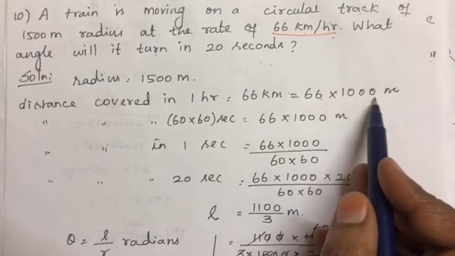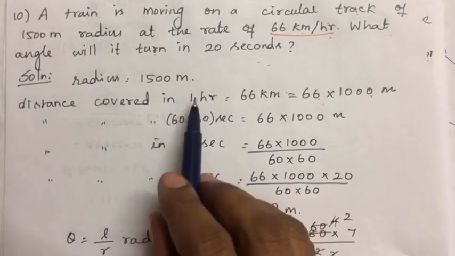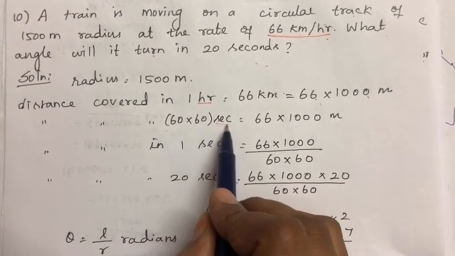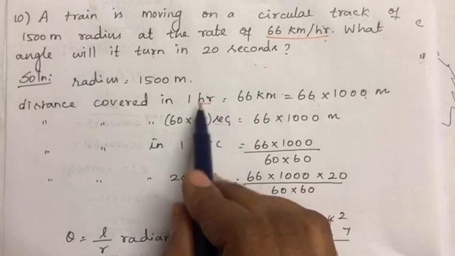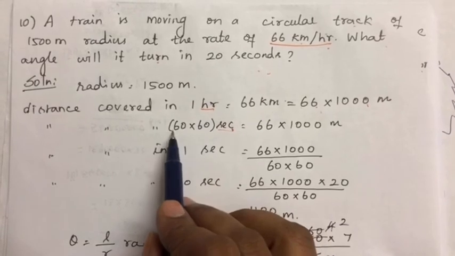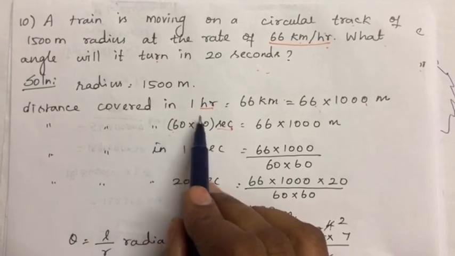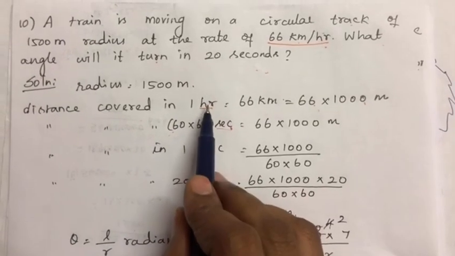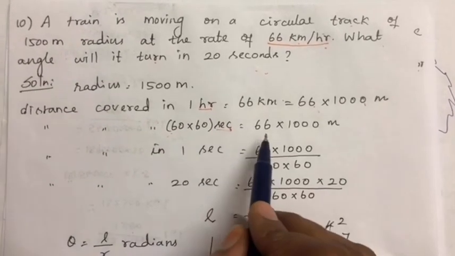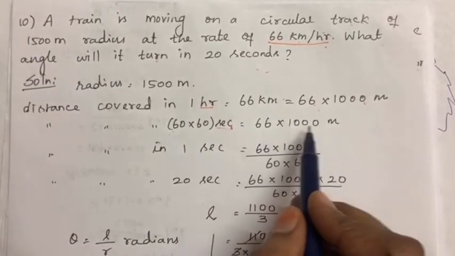Okay, meters converted. So, 1 hour, while writing hour into second, we have to multiply it with 3600, right? 1 hour is equal to 60 minutes and 1 minute is equal to 60 seconds. So, I am writing 1 hour as 60 into 60 seconds, that is equal to 66 into 1000.